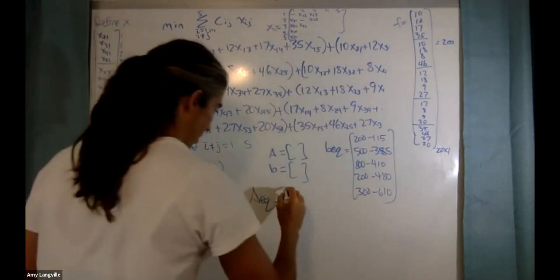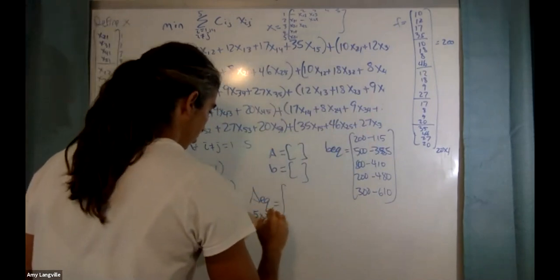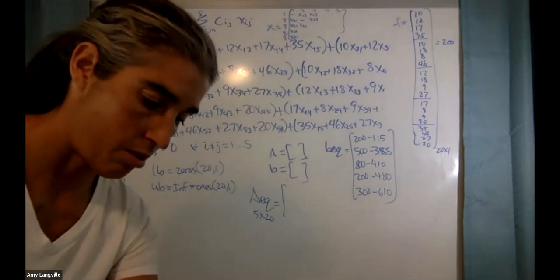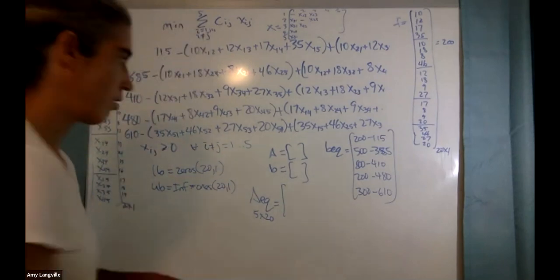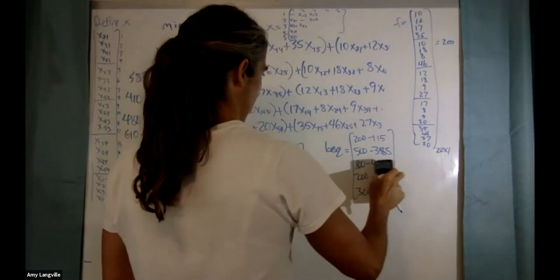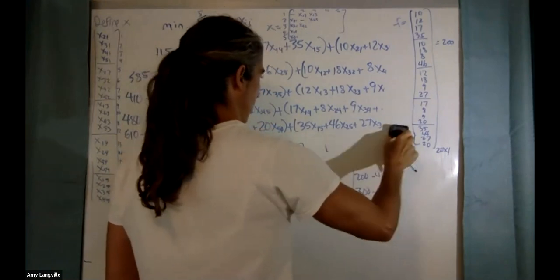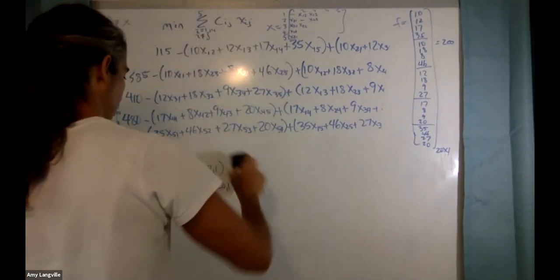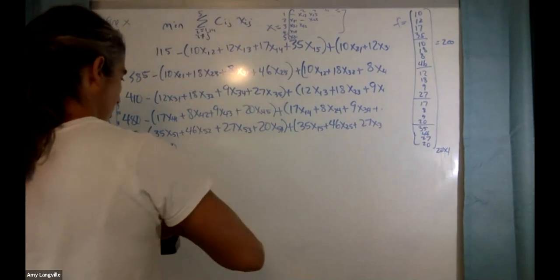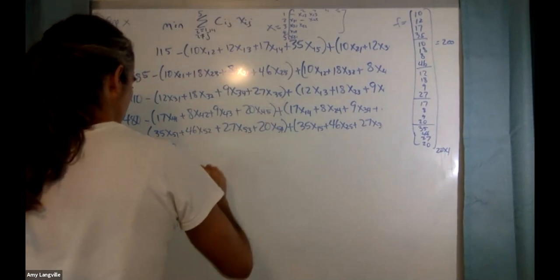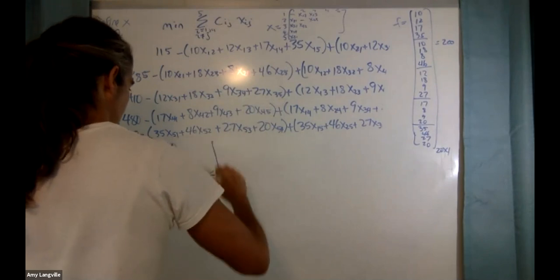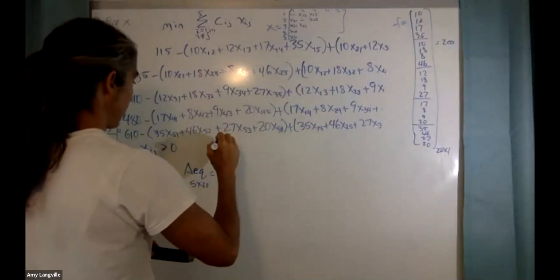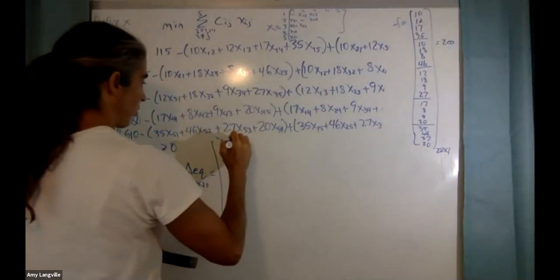There's 5 of them, so the dimensions are going to be 5 by 20. Remember, each column corresponds to our variables, so that's X in the order that we described.